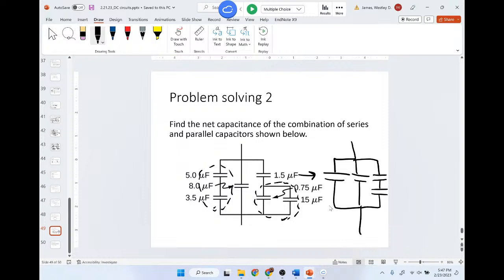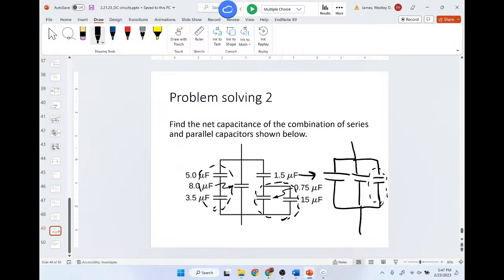If you identified that these are purely in series, kudos. That would be the next step. If not, that's okay. I'll throw out a few more of these next time and we'll practice that. You would combine those, and just for the sake of space and time, I would combine those and it would become this. And now, those are all purely in parallel with each other, and that would be the last step.